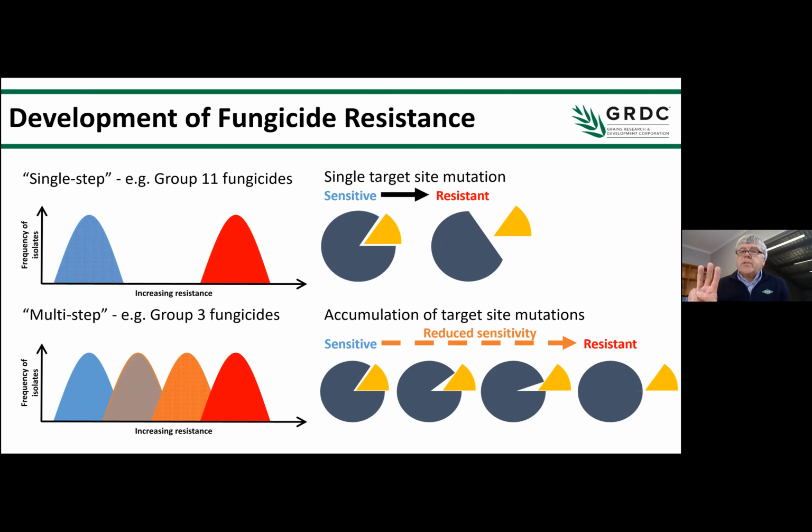Over 3 years, we had a population of Septoria that moved from being sensitive to all of our commonly used fungicides in the strobilurin category, so things like Amistar, things like pyraclostrobin, that's in products such as Opera. We moved from those products working very effectively to, 3 years later, them having no effect whatsoever. In other words, you could pour on those QOI fungicides and they wouldn't control Septoria tritici.